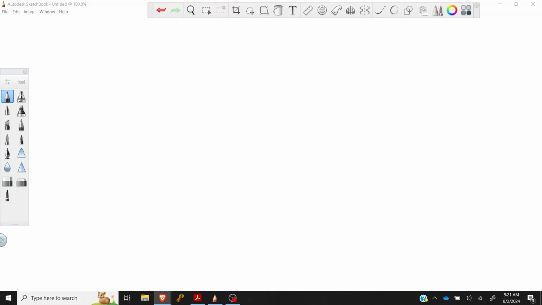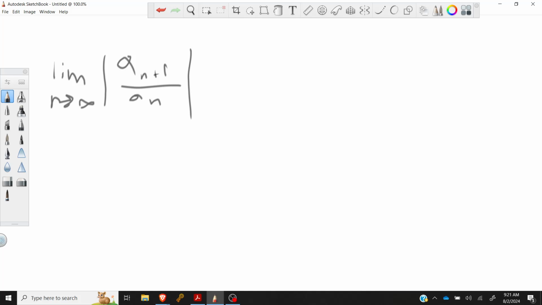So firstly, I'm going to start with this definition: the limit as n approaches infinity of a sub n plus 1 over a sub n. This is the ratio test. Let's set this equal to some variable z.